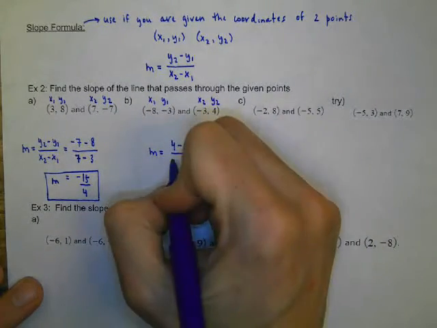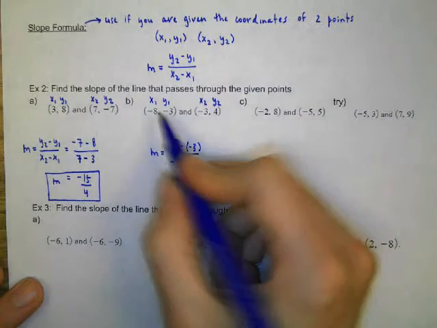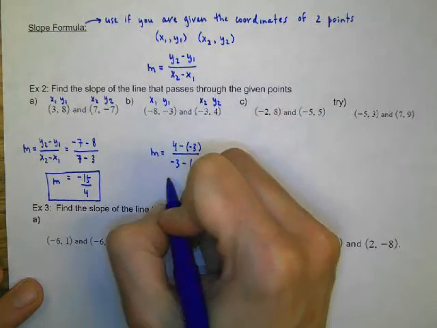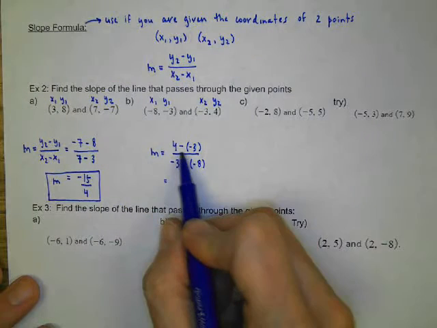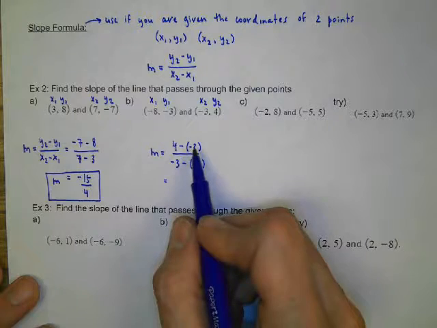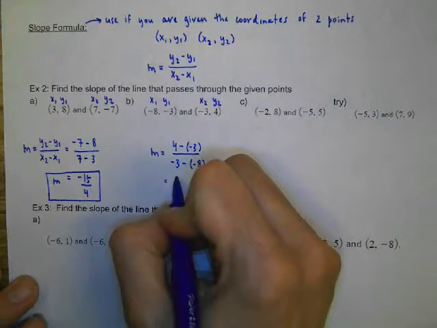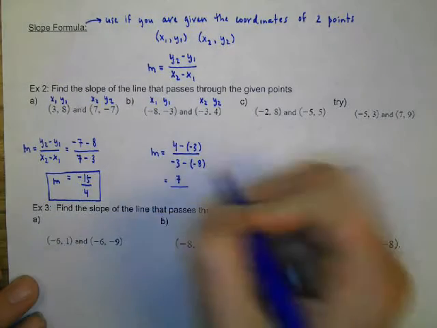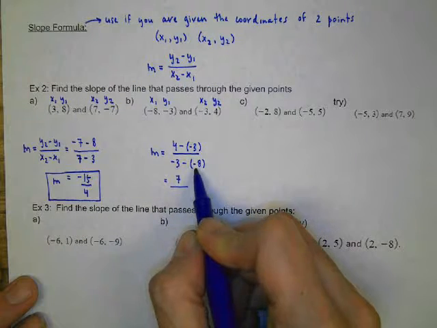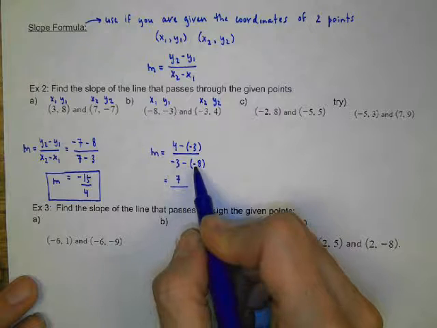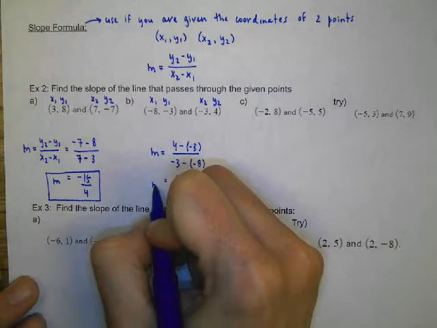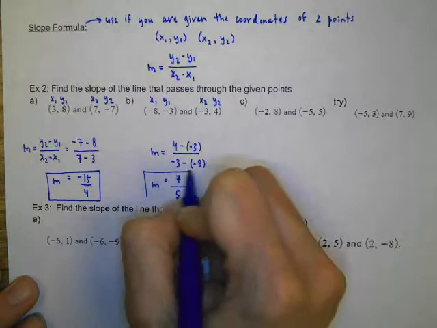In the denominator, I have x2 is negative 3 minus, and my x1 is a negative 8. So when I go to simplify this, subtracting a negative I know is the same as adding. So 4 minus a negative 3 is the same as 4 plus 3, so I get 7. On the bottom I have negative 3 minus a negative 8, same thing as negative 3 plus 8, and I get 5. So my slope is 7/5.